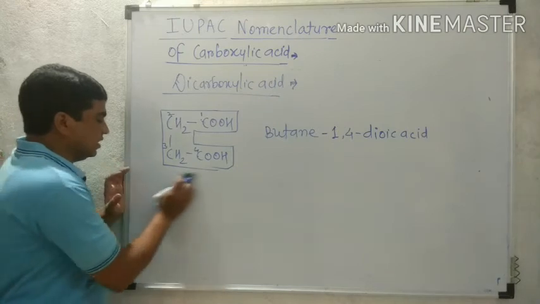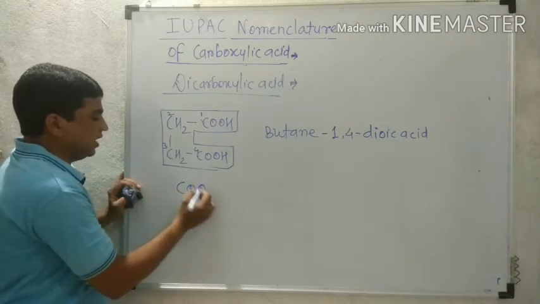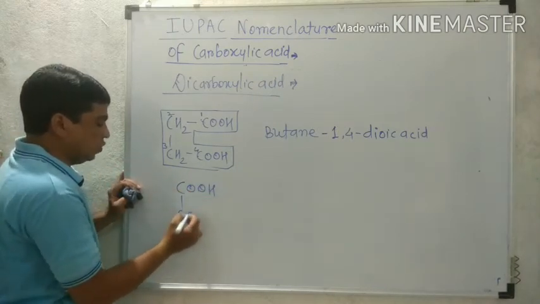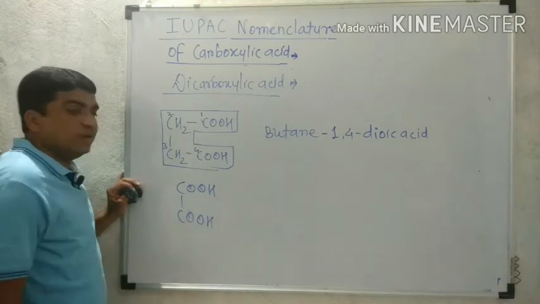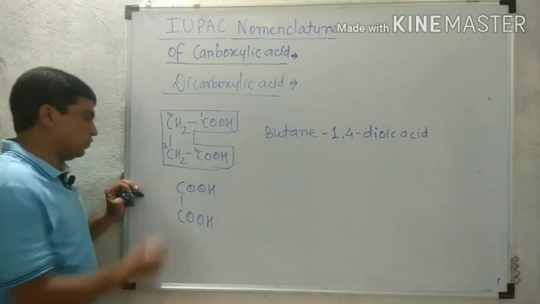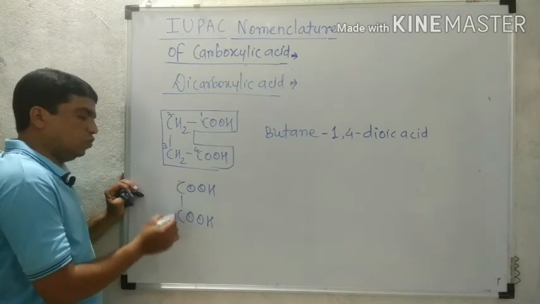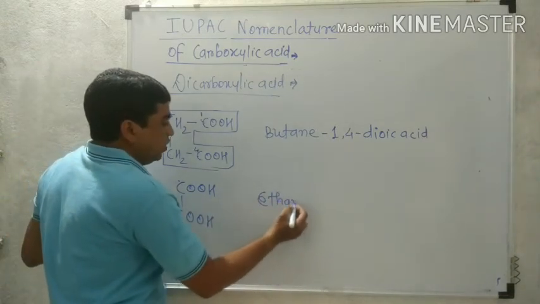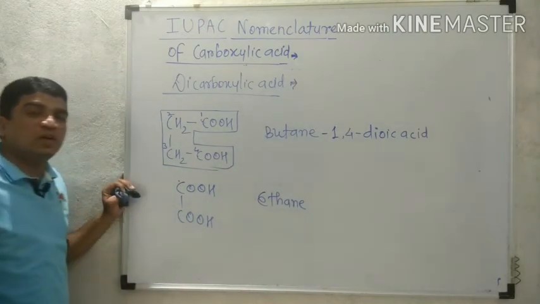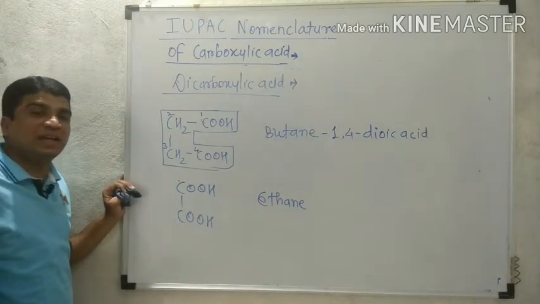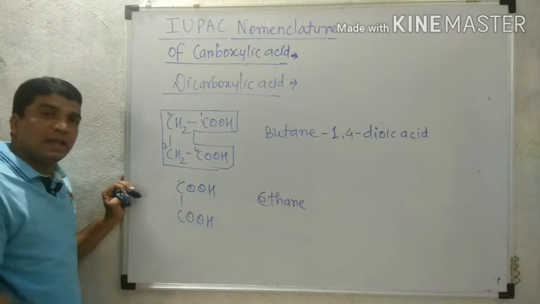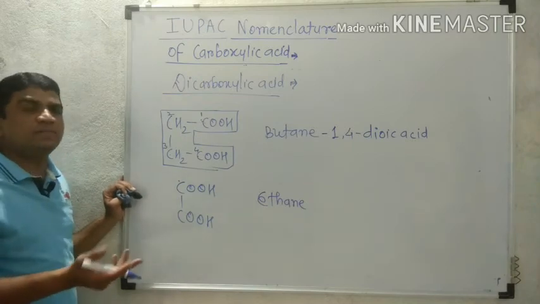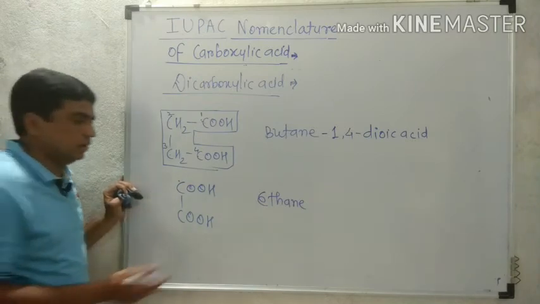Now the second structure is, if the structure is like that, COOH, COOH. How many carbons again in the chain? Only 2. 1, 2. It is a derivative of ethane, because it contains 2 carbons. Two carbon containing alkane, that is ethane. Here only 2 carbons, therefore no need to number it.